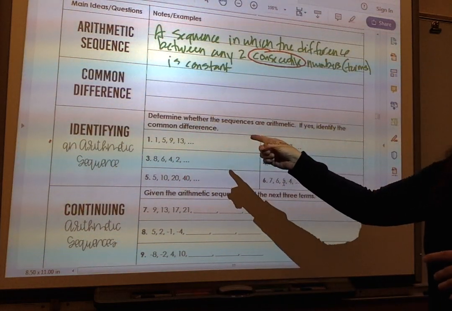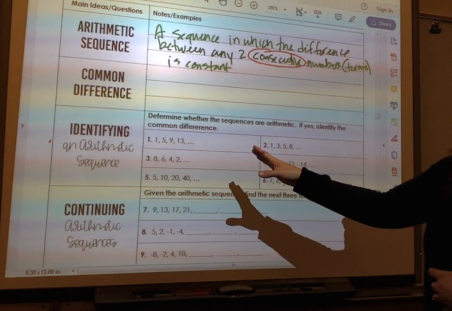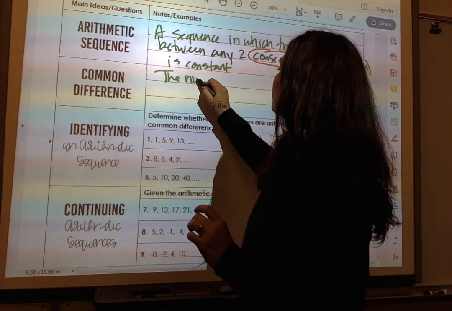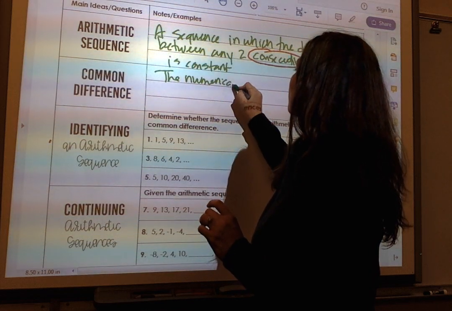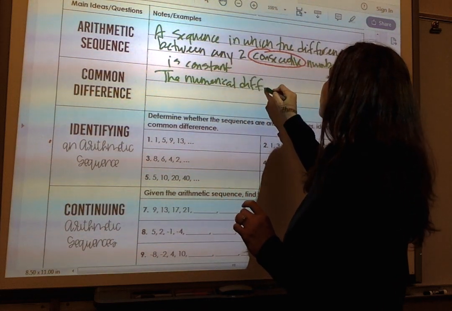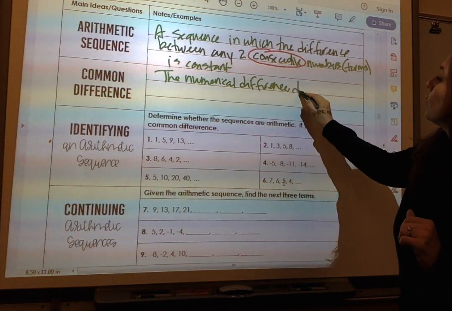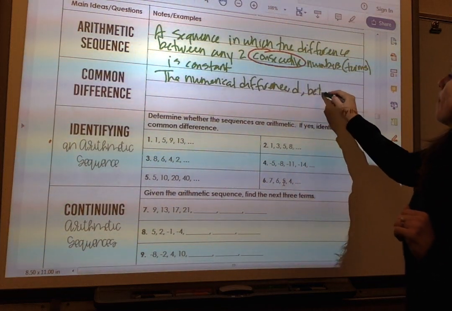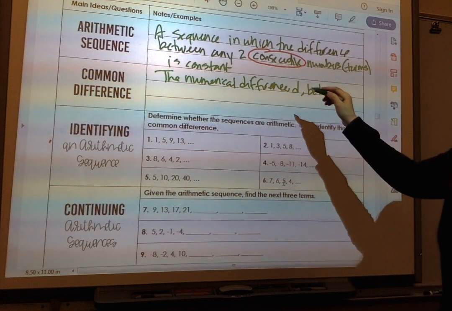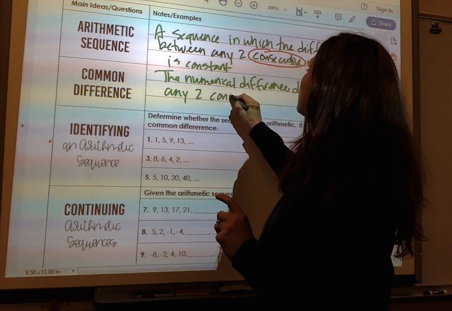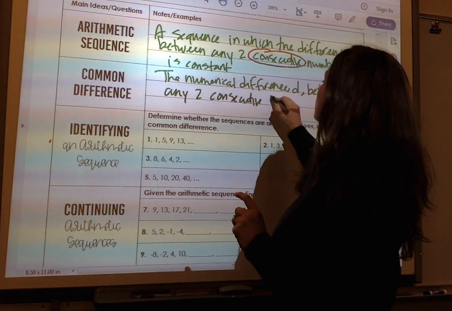So what is the common difference? The common difference is the numerical difference between any two consecutive terms.